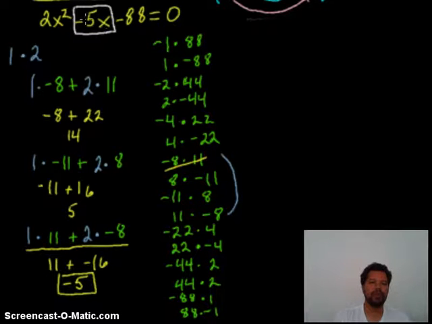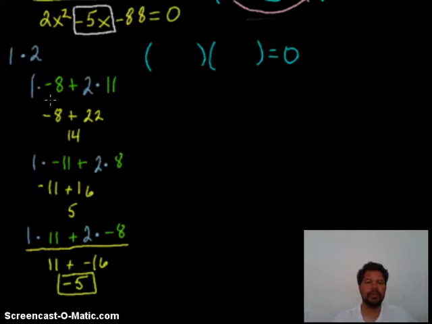So now that I know what factors need to go together, I'm going to substitute this into our FOIL strategy. Okay, so we already know that the first terms have to be an x and a 2x.